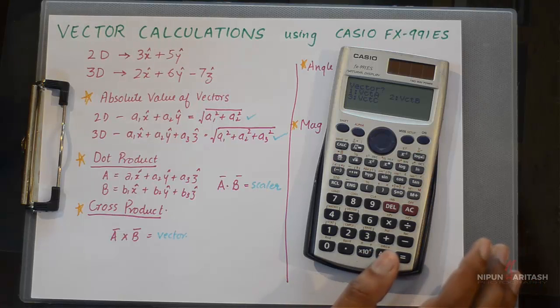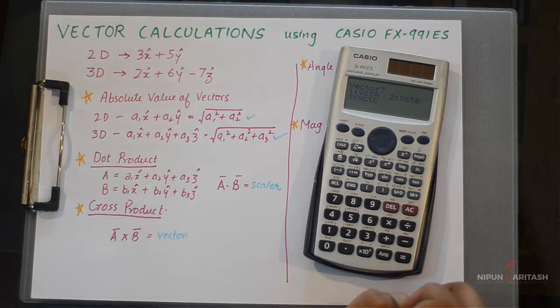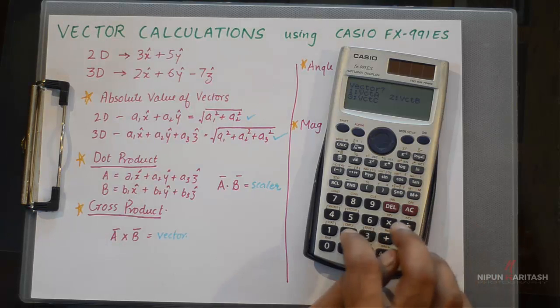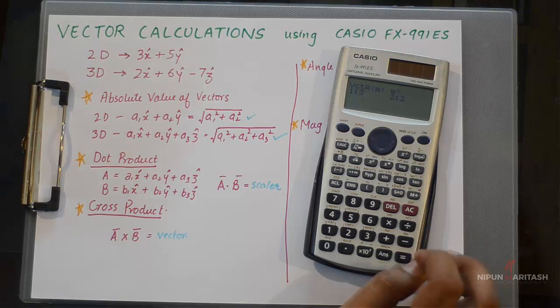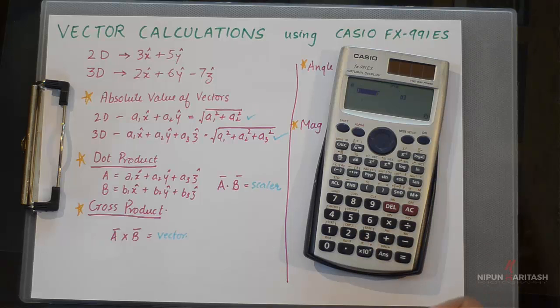So you can select any of the 3 vectors, and in those 3 vectors too, you have an option to either select a 2D vector or a 3D vector. I'll illustrate by pressing 1 here. Now I have selected vector A. Now it is asking me whether I want to select this vector as a 3-dimensional vector or a 2-dimensional vector. So I'll say it's a 2-dimensional vector.